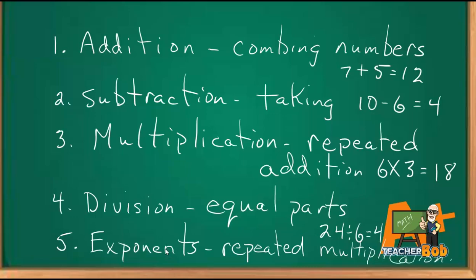I hope you can see it, and that might mean something like 2 squared or to the power of 2, and that's equal to 2 times 2, which is equal to 4. Okay, so very basic stuff here.